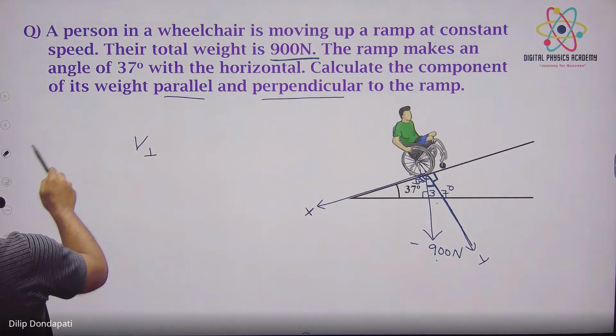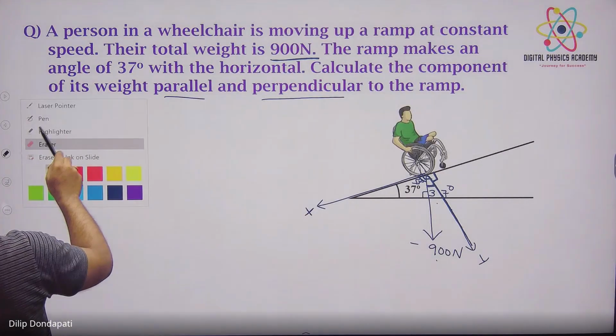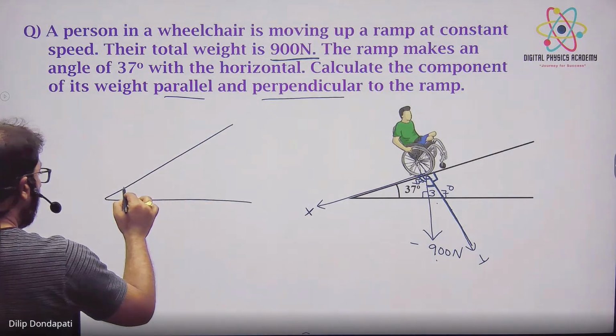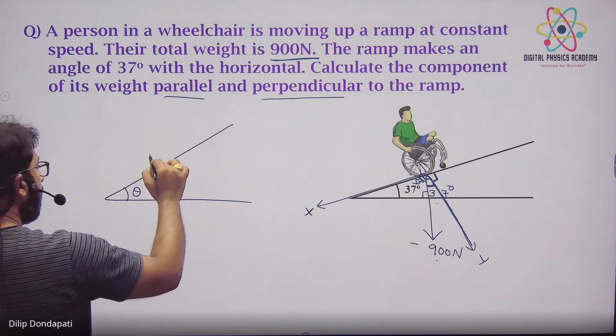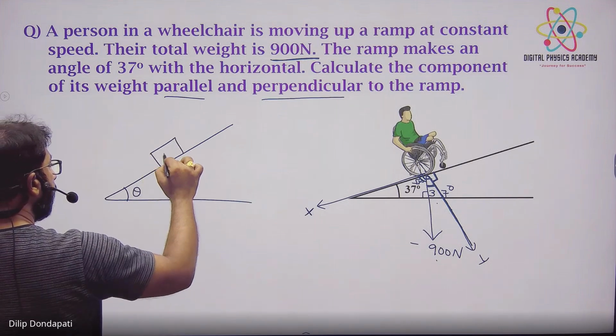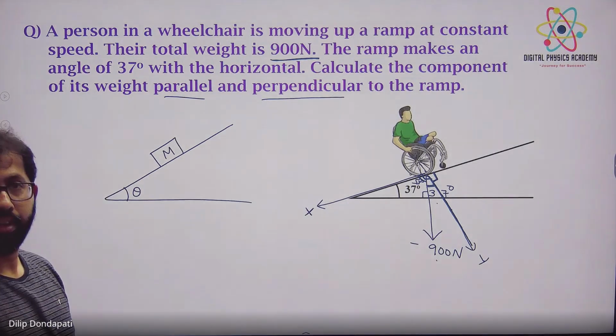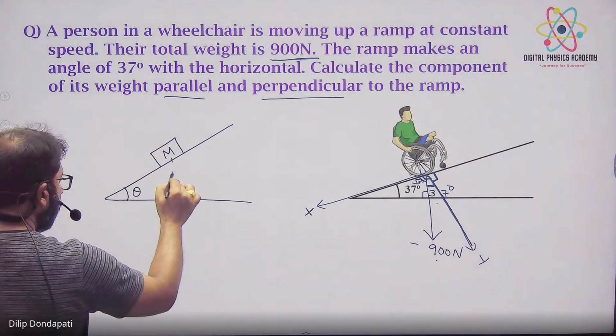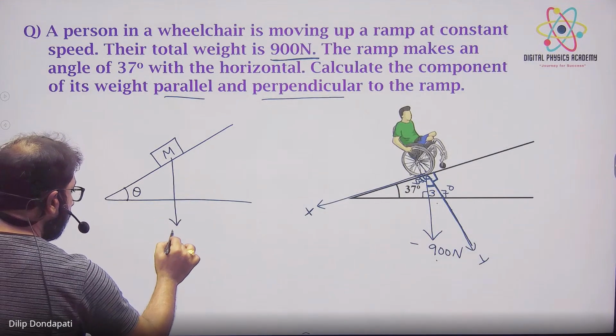First understand a concept, then we'll do this question. This is angle theta. Here a mass m is there. Its weight always acts downwards, that is mg.